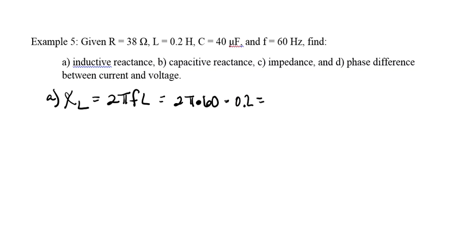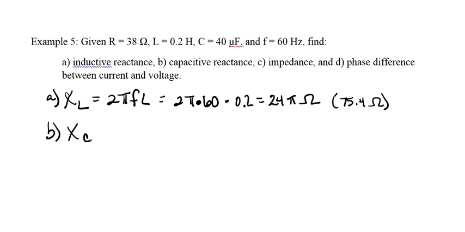So 2 times 60 times 0.2 is 24 pi ohms. I'm going to just leave it like that for a minute. Just for reference, it is approximately 75.4 ohms. Now that wasn't too bad. Let's find the capacitive reactance.